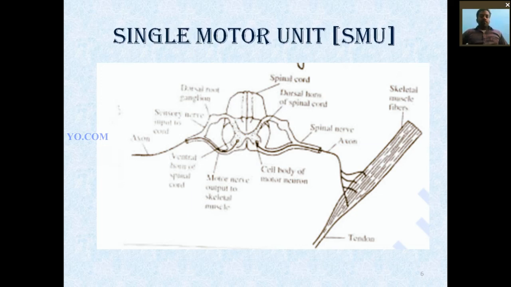So this is a single motor unit, shown in a cross-section view. The spinal cord is present vertically, and these two bones connect with our two legs. The spinal cord is the nerve system used to connect the entire organ system with our brain.